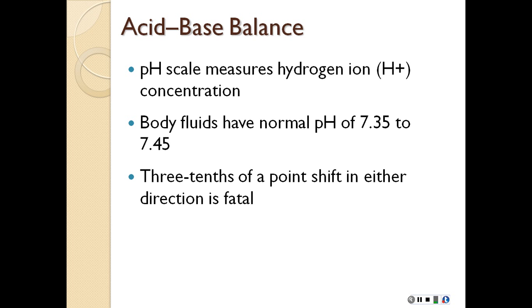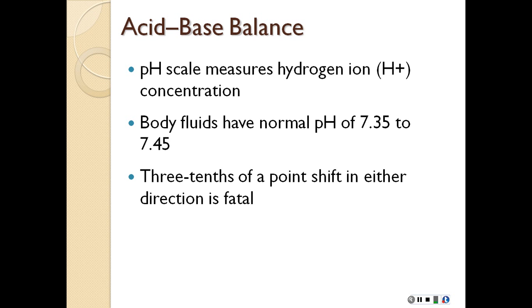Okay, body fluids have a normal pH of between 7.35 and 7.45. Look at that last bullet point there. That's so important. 0.3 of a point shift in either direction is fatal.